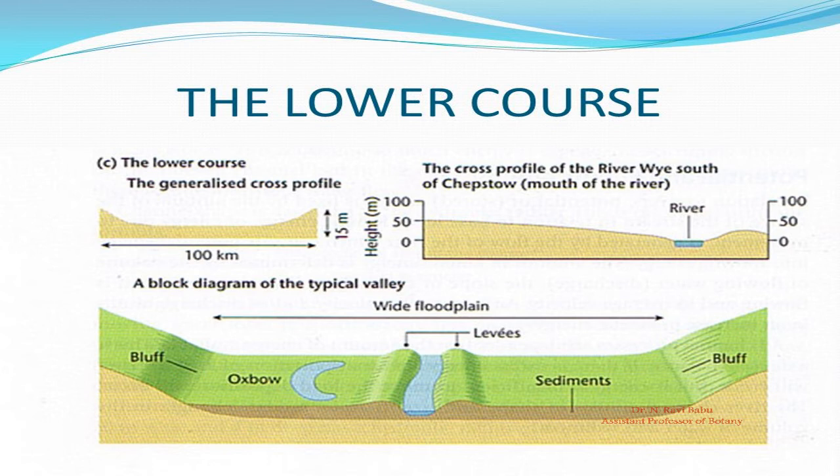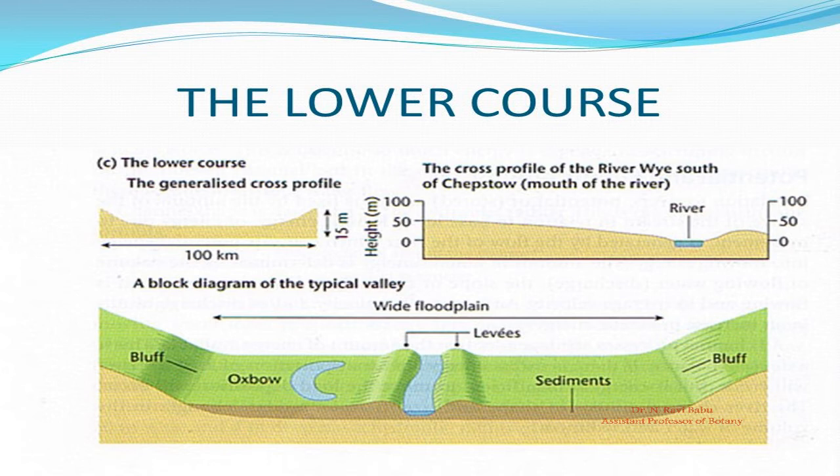And now, another feature, that is oxbow lakes. These are also known as cutoffs or bayous. This generally operates in the Mississippi basin.